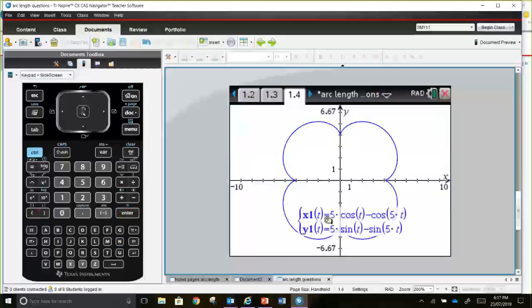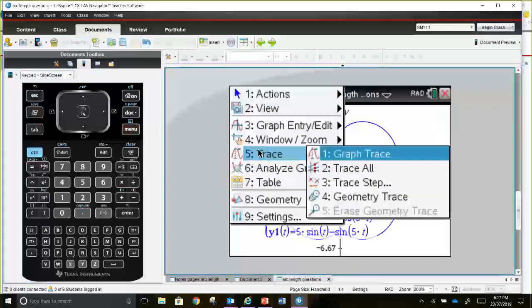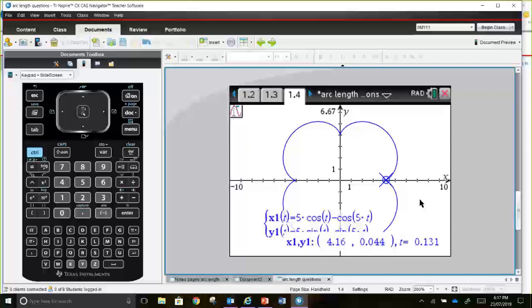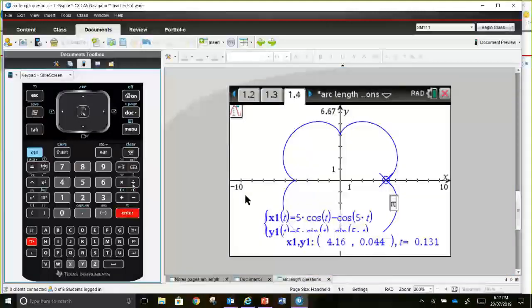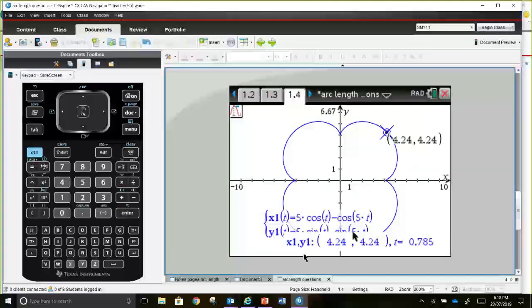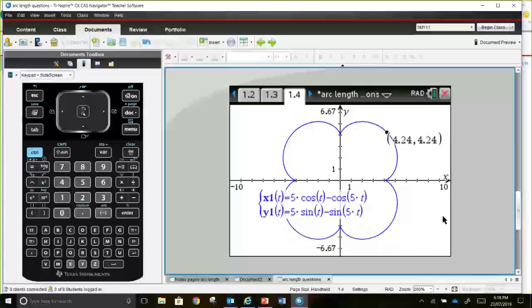So that's a curve. Now if we use graph trace, we can see which particular arc length we are after. So let's say we go from pi on 12, so it's somewhere here, to pi on 4. So it's up to here. That's what we are after. We wish to find this arc length. Our functions are already defined as x1(t) and y1(t).